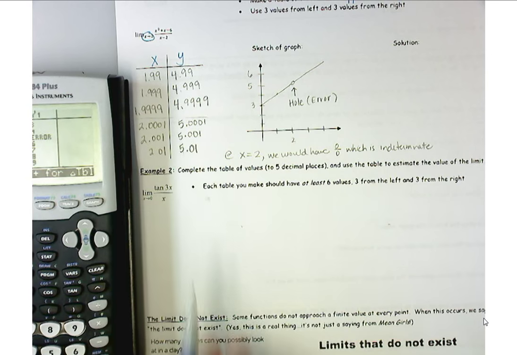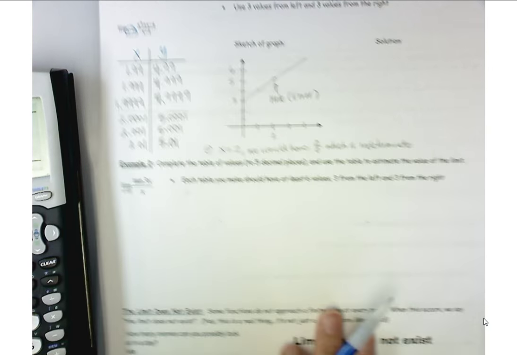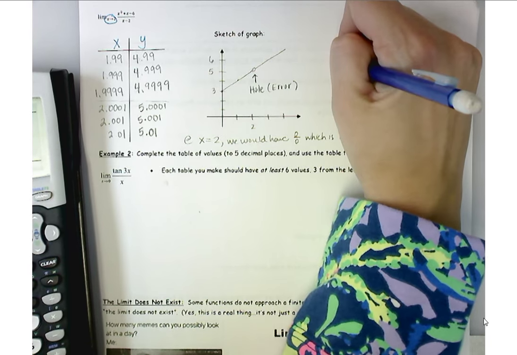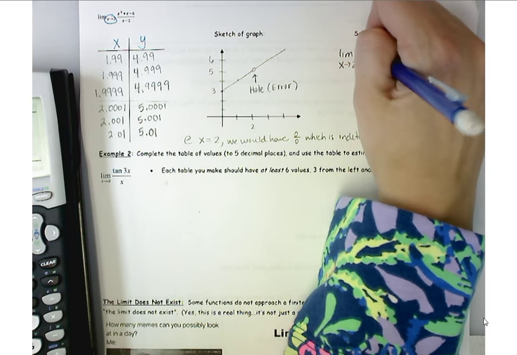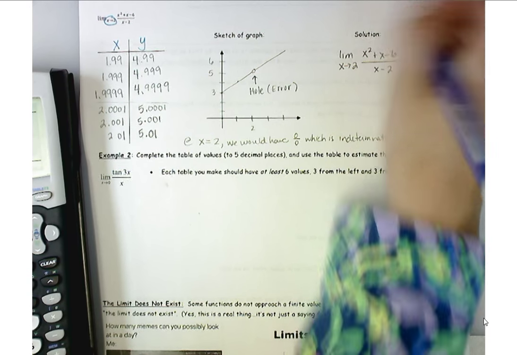So I'm sorry if that confused you, if you plugged yours in the right way and didn't see that. And then your solution is going to be the limit as x goes to 2 of x squared plus x minus 6 over x minus 2 is going to equal 5.